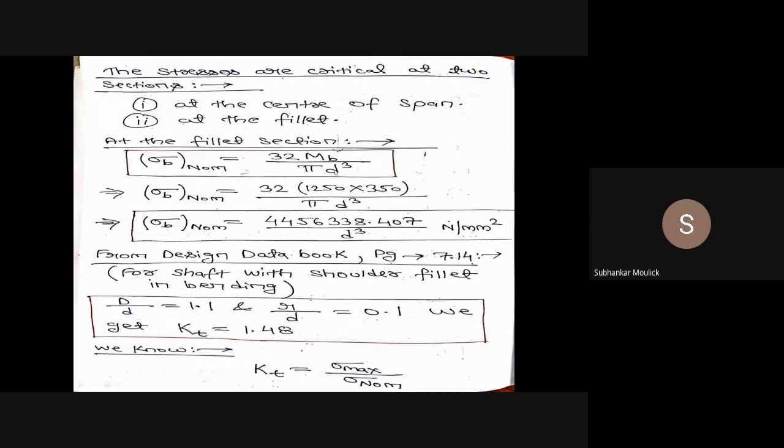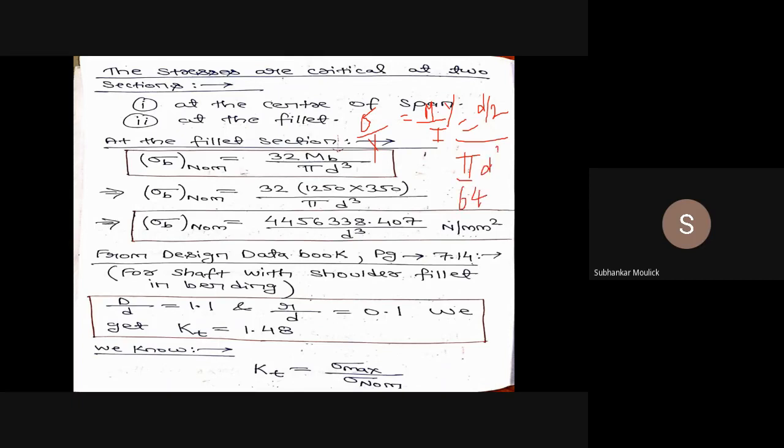M by I equal to sigma by Y equal to E by R. E by R I don't need. So sigma is equal to M into Y by I. Y will be D by 2, and I will be pi by 64 d to the power 4.